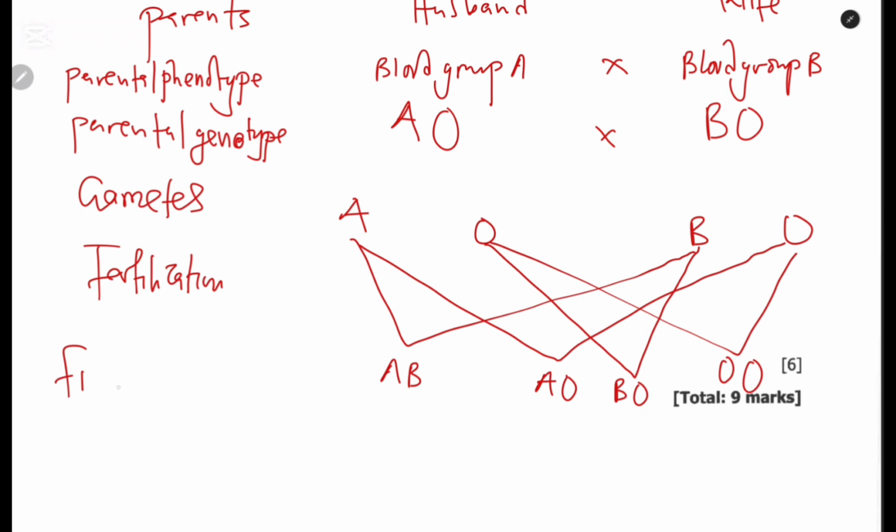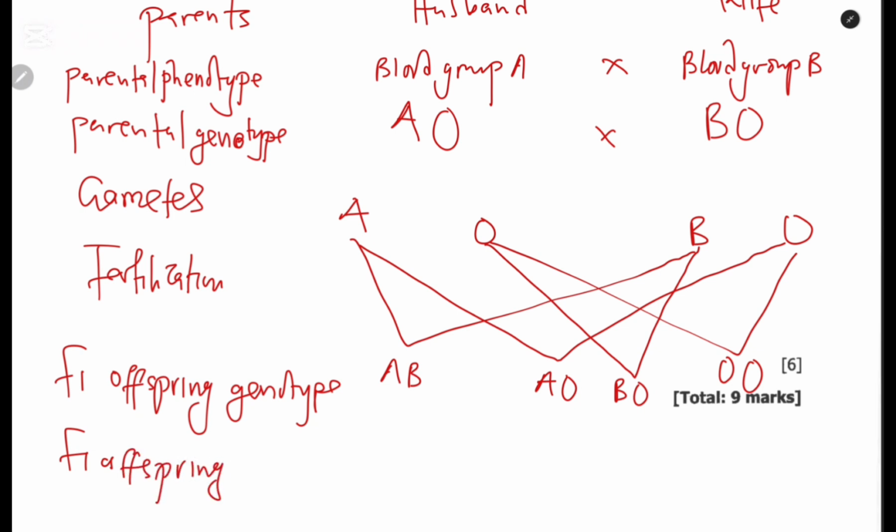So first filial generation offspring, genotype. Then F1 offspring phenotype. What is the phenotype? The outward expression. So this is blood group AB.